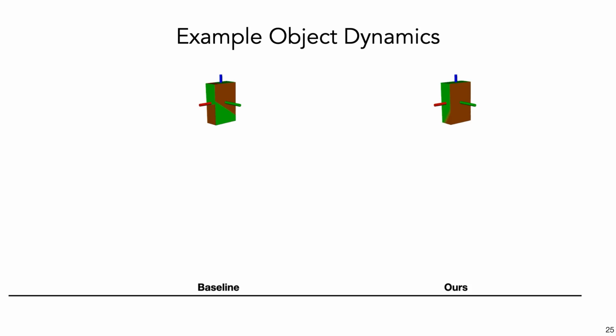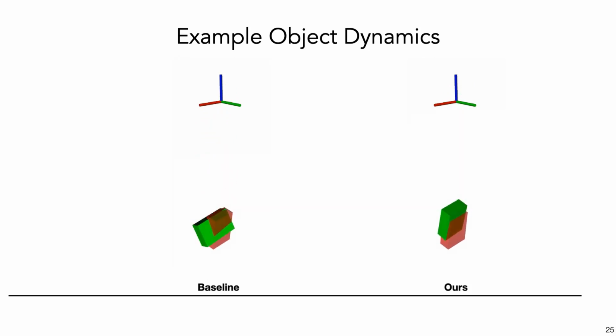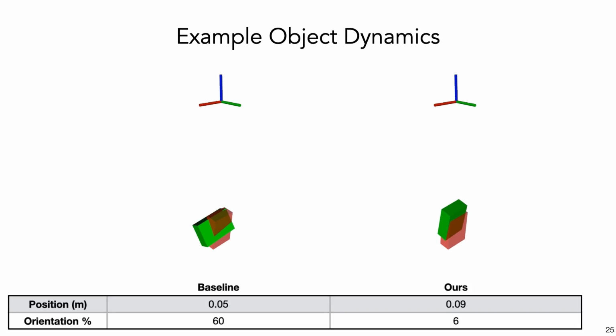Now let's play this video. We can just from visual observation see that our estimate tracks the orientation better than the baseline. We can also see this numerically, where though the position error is worse in our estimate, the orientation error is 10 times larger on the baseline compared to our approach.